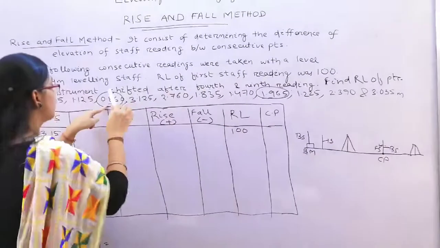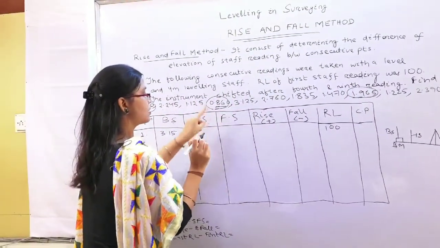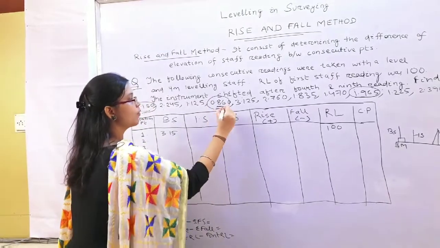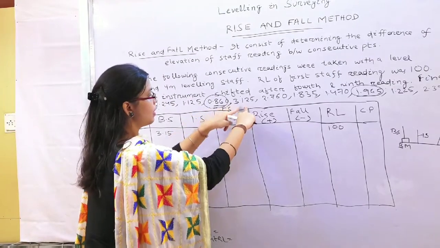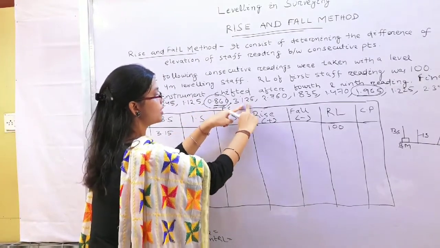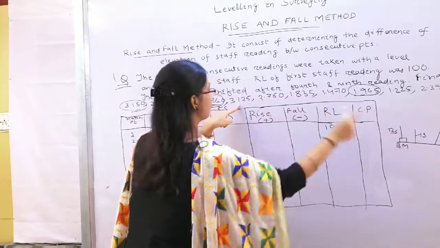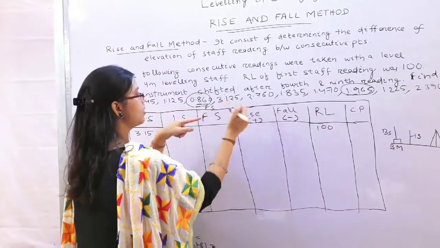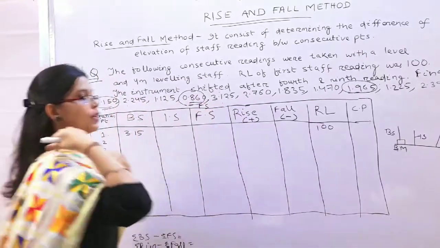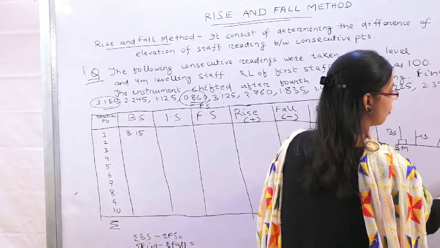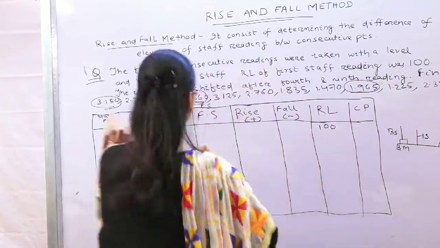This is the last staff reading, meaning this is the fourth sight reading. After that, it is the first staff reading of the second instrument, that is, the backside reading of the next change point. Change point means where we consider both the foresight reading and backside reading.